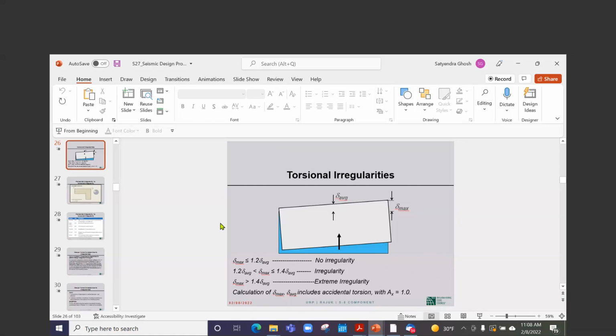Even if you are not aware of these topics, a simple Google search will give you thorough information. Response spectrum analysis again will be covered afterwards. Irregularities have been covered in today's presentation, so I will skip that.